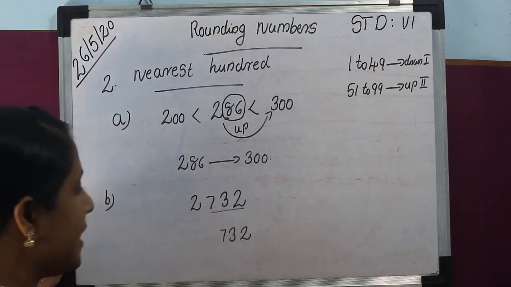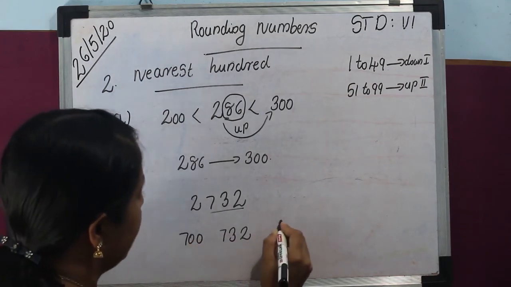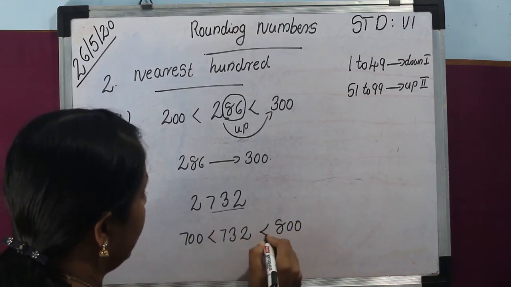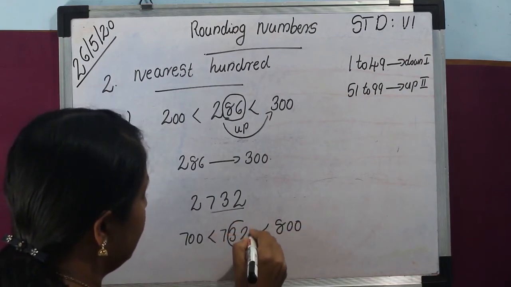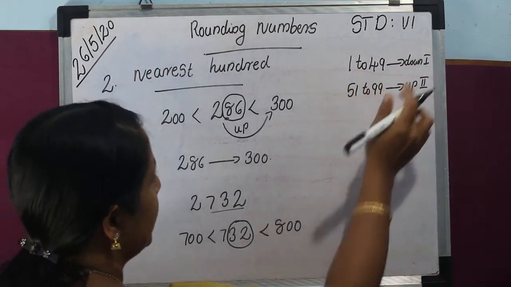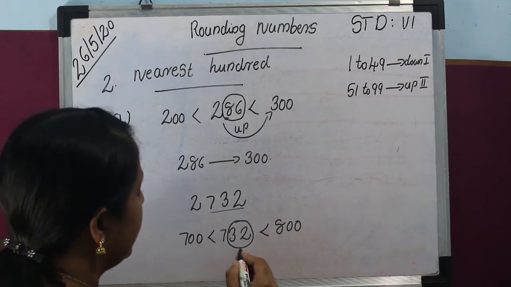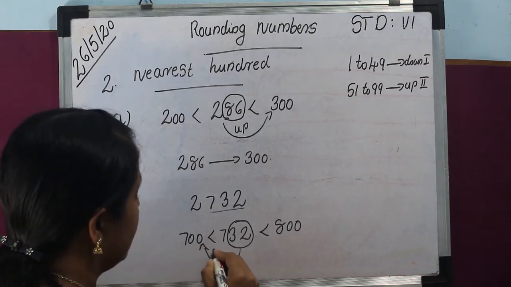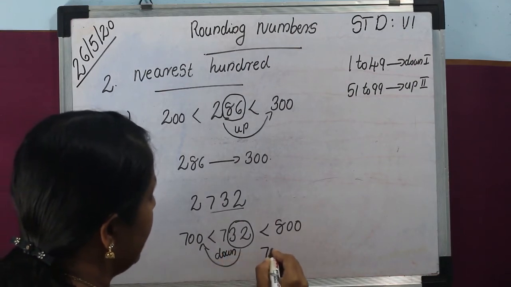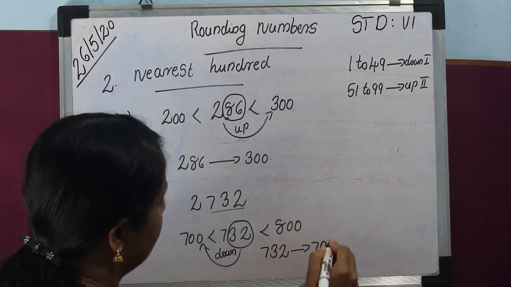We know that 732 lies between 700 and 800. Next we take the last two digits, that is 32. So 32 belongs to the 1 to 49 category, that is, it is rounded down to the first number. So 732 is rounded down to 700.